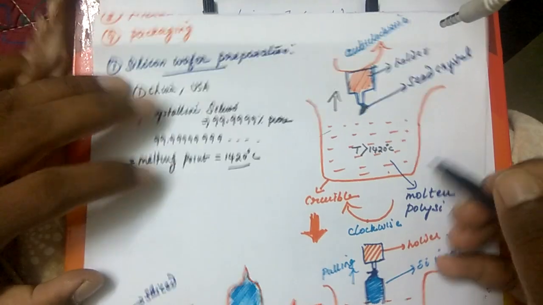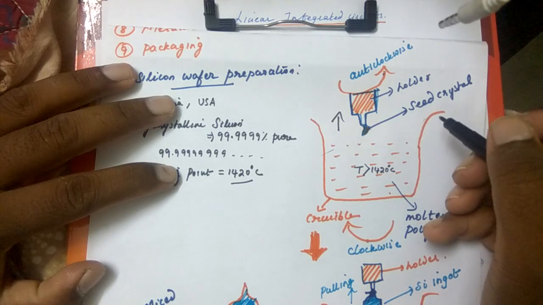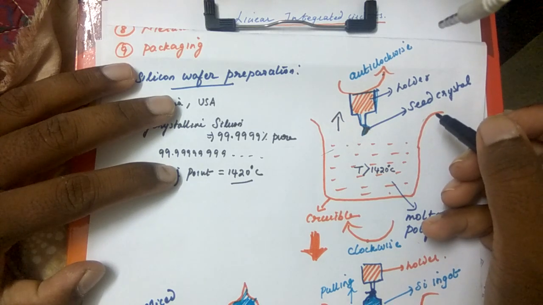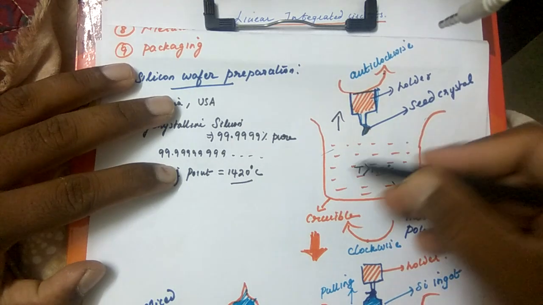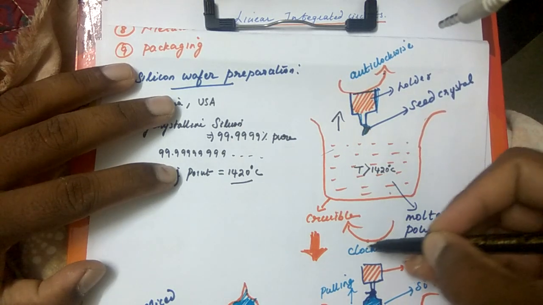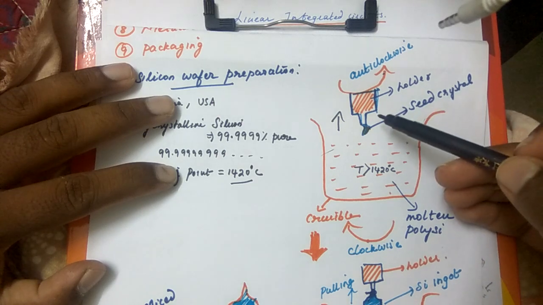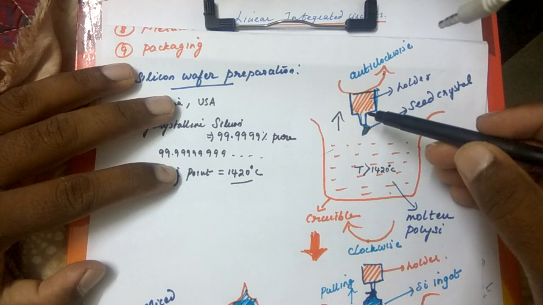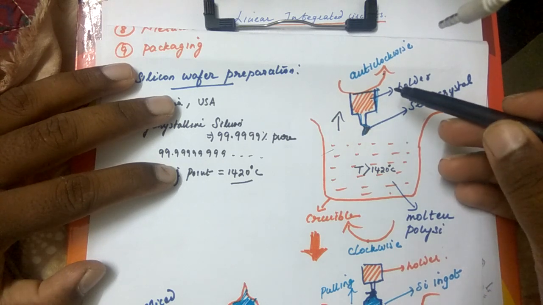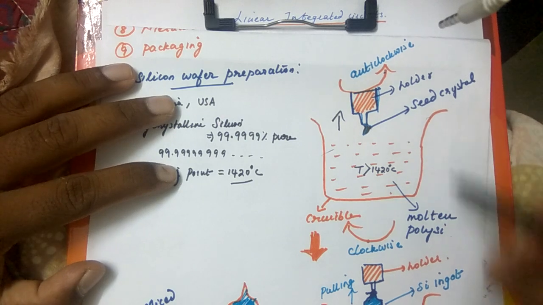For instance, if the holder is rotated in the anti-clockwise direction, the crucible is also rotated, in the clockwise direction. So this is the one thing you have to note, that the holder is rotated in one direction and the crucible is rotated in the opposite direction.